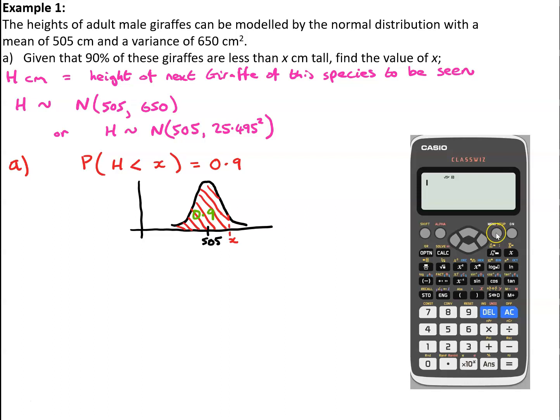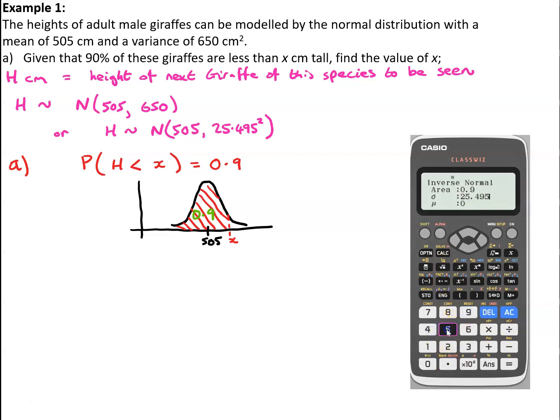Now we can do this calculation easily on our calculator again. We need to start off with menu 7. This time we go 3 for inverse normal. We want to put the area to the left in, which is 0.9 in this case. We need to put the standard deviation in, which is 25.495.